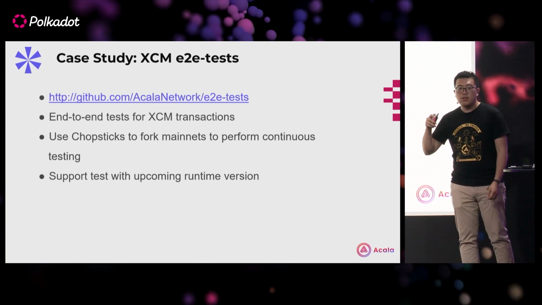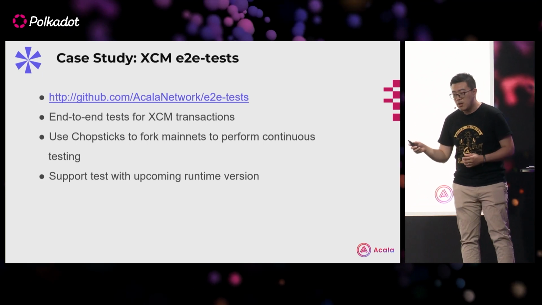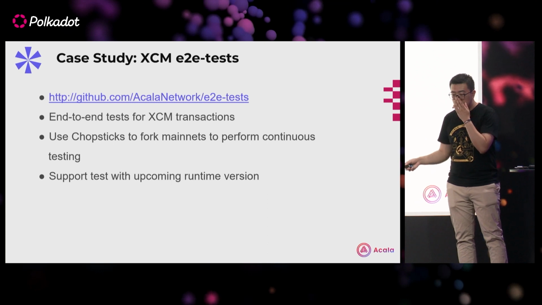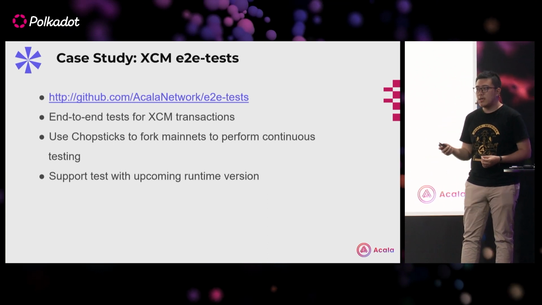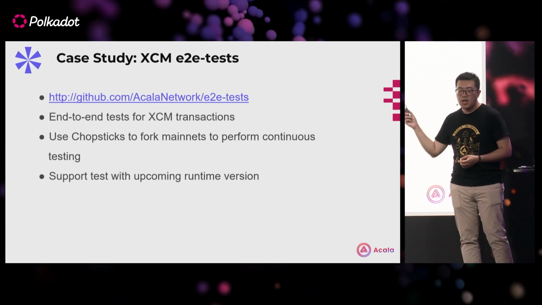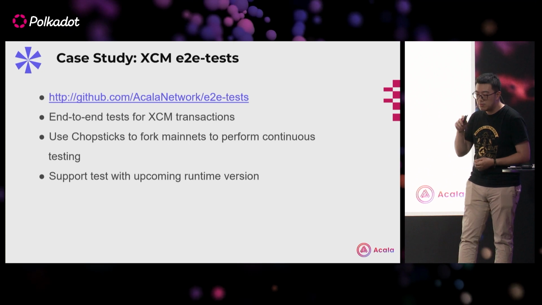So we are building this end-to-end testing framework, allowing us to continuously test end-to-end use cases in Polkadot and Kusama. This ensures that XCM transactions always work. For example, if someone does a runtime upgrade and breaks something, this test will detect it and let us know.